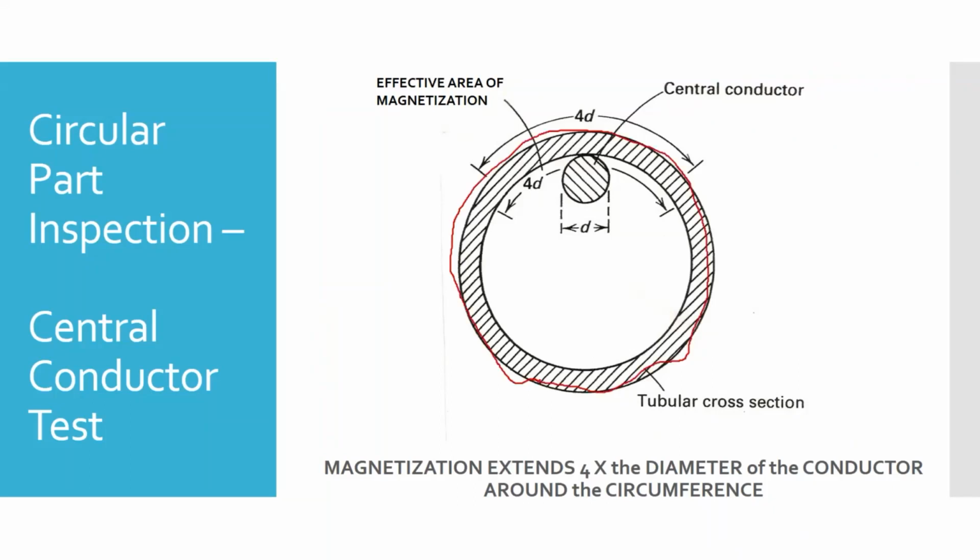So we take the circumference of the part, we divide it by 4 times the diameter of the rod. Okay? And that'll tell us how many places we have to do it.